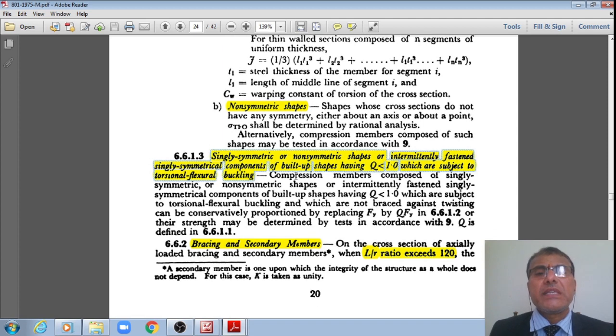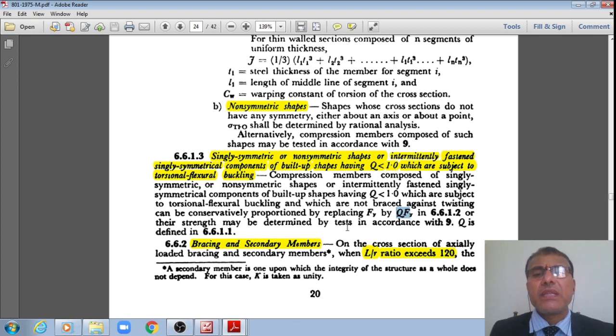Next one, singly symmetric or non-symmetric shapes, or intermittently fastened singly symmetrical components of built-up shapes having Q less than 1, which are subjected to torsional flexural buckling. In such a case, the code says that whatever we have seen in clause 6.6.1.2, there you replace Fy with QFy, right?